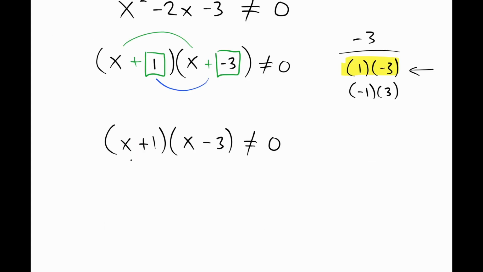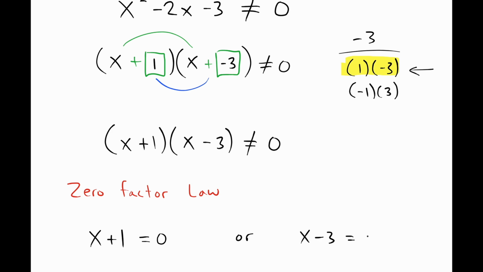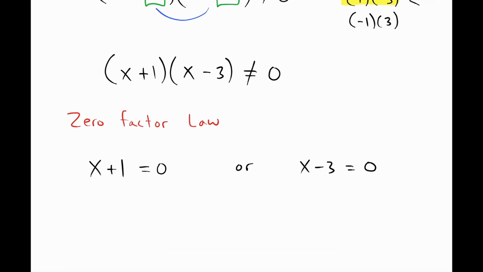We need for the product of x plus 1 times x minus 3 to not be 0. According to a thing called the zero factor law, the only way that two things could be multiplied to make 0 is if at least one of them is 0. So it must be that either x plus 1 is 0, or x minus 3 is 0, or perhaps both of them are 0.